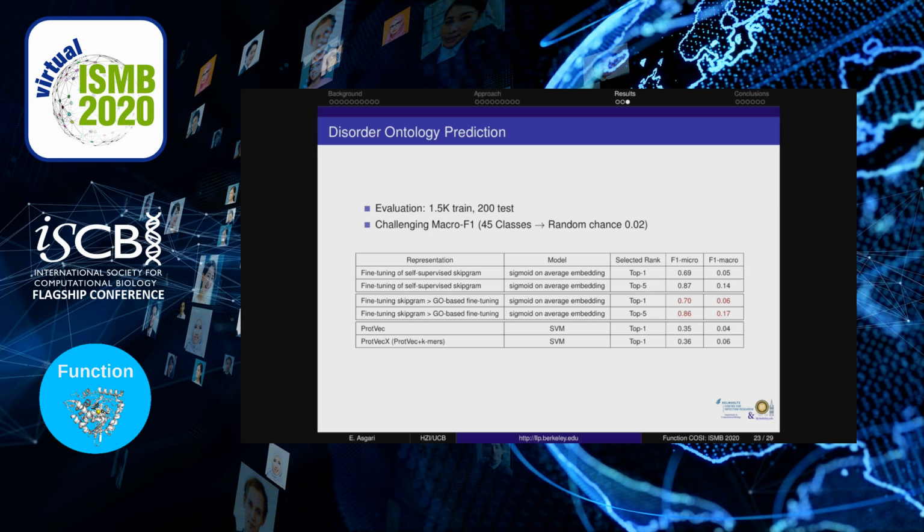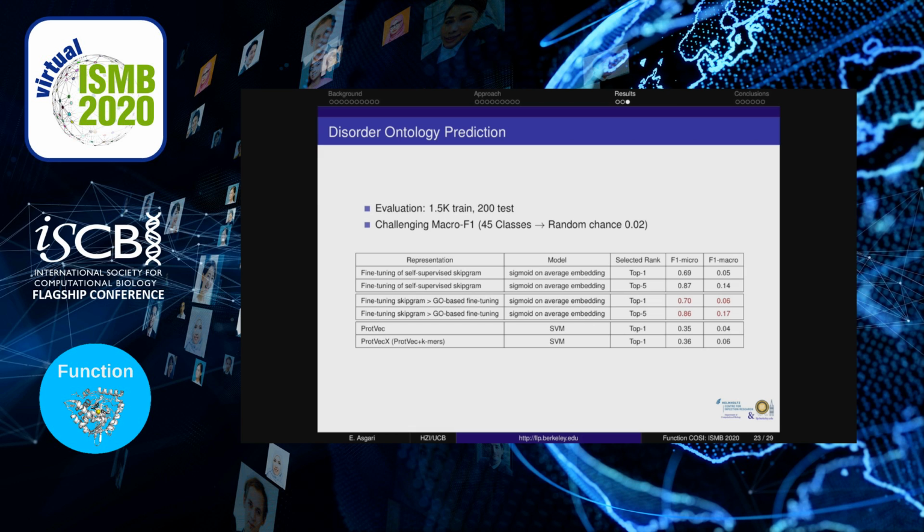We observed that when we use fine-tuning of the trained representation, we achieve a boost in performance, especially when we have the cascaded fine-tuning of the representation. So firstly using the self-supervised Skipgram and then fine-tuning it for gene ontology prediction. Using this approach, we achieve a micro F1 of 0.86 based on the top 5 results, and 0.17 for macro F1 for all classes.